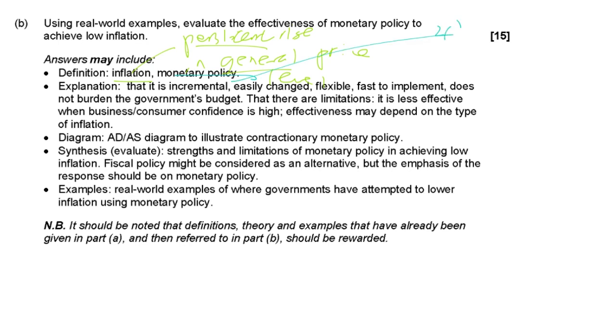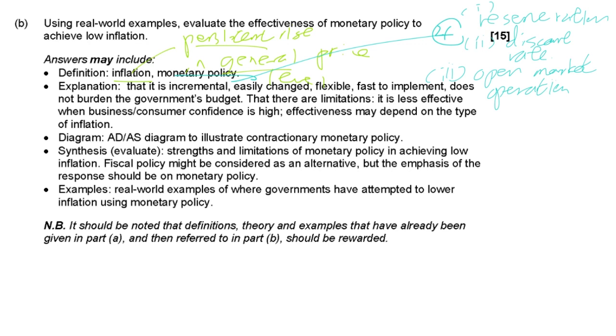There are a lot of monetary policies. You may adjust the reserve ratio. You may also adjust the discount rate, that is the interest rate borrowed from the central bank by the commercial bank. And of course there are others, like open market operation, that is the government buying or selling bonds to adjust the money supply.